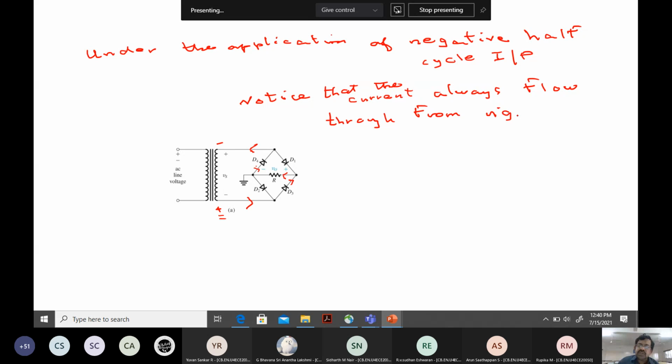In the earlier case also it was flowing from right to left, which means right is here, left is here. Now also it is flowing right to left. So what does that tell you? We have achieved unipolar current, a unipolar direction.